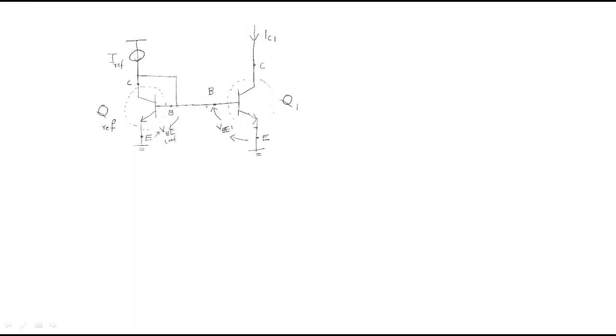Both base terminals are connected together. So by using this circuit, the collector current IC1 and the reference current I reference will be the same.